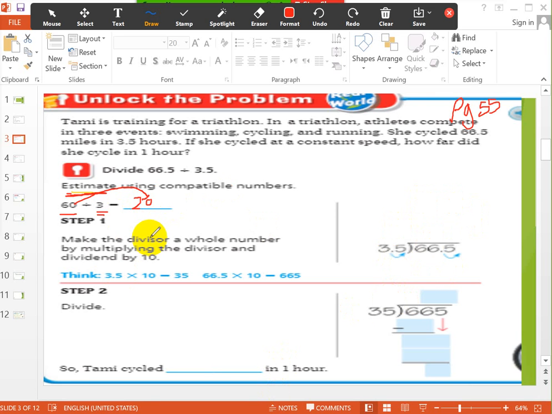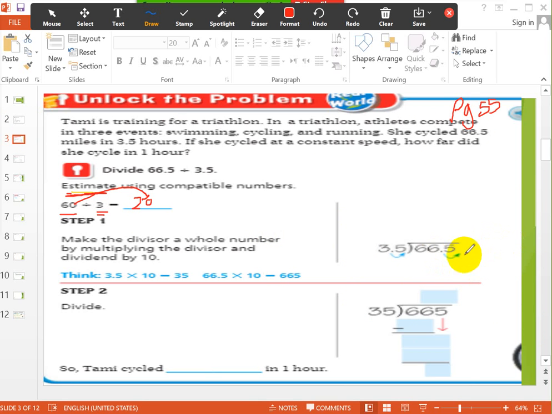Okay, so the dividend is 66.5 and the divisor is 3.5, or 3 and 5/10. I will use the property that I talked about 1 minute ago.